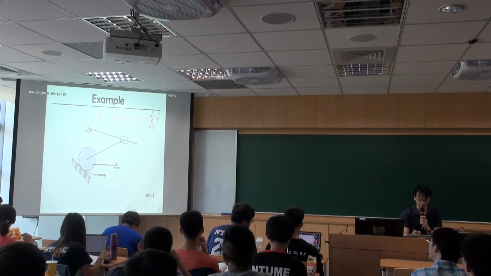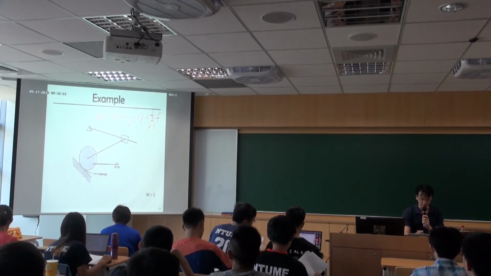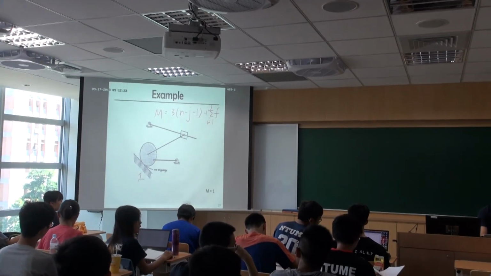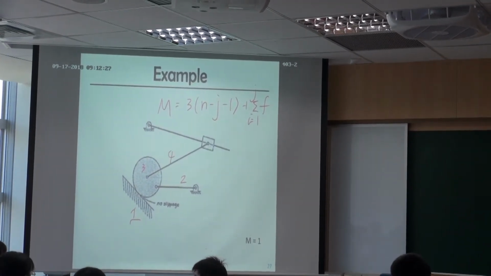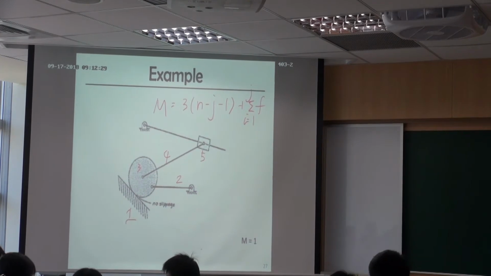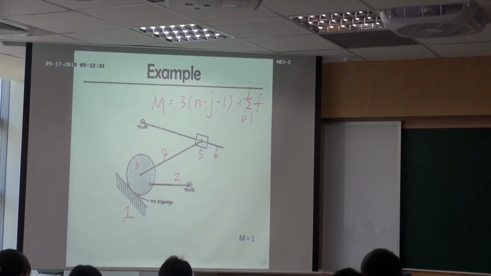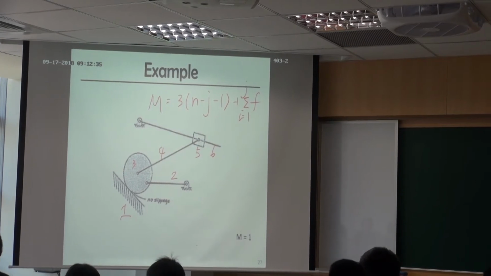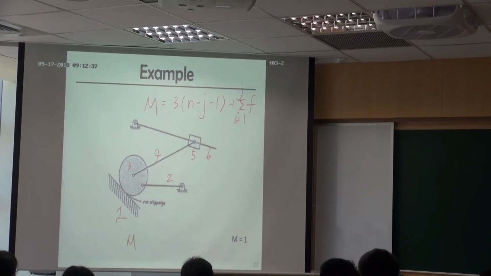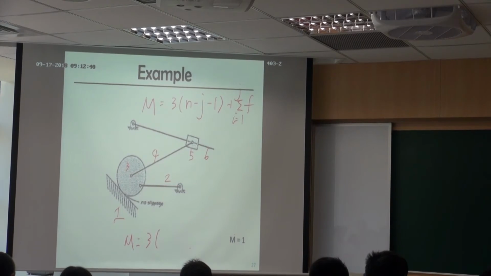For example, in this mechanism, we have a ground link, and 2, 3, 4, 5 is a slider, and 6 is the bar. So we have 6 links in this mechanism. So n is 3 times 6 minus joints.